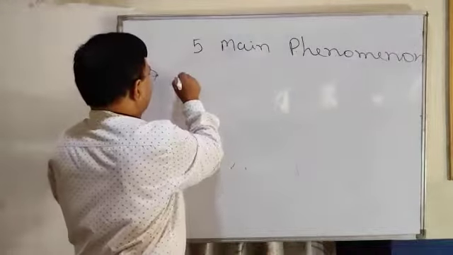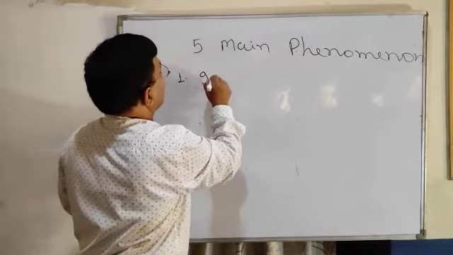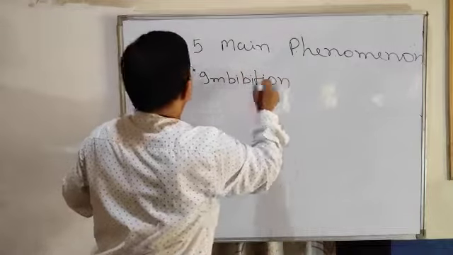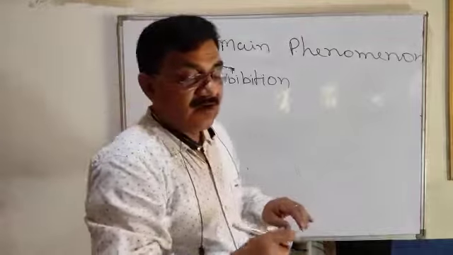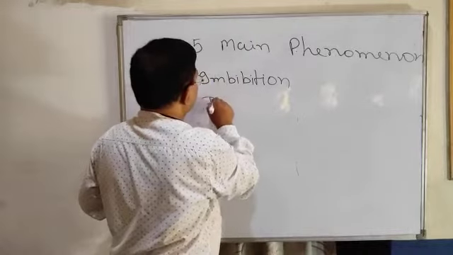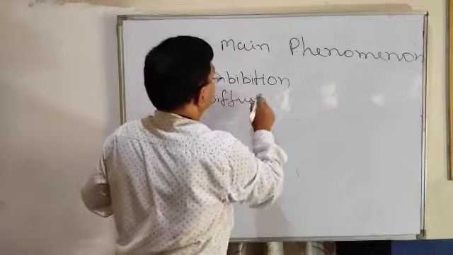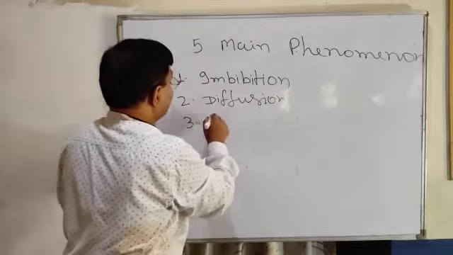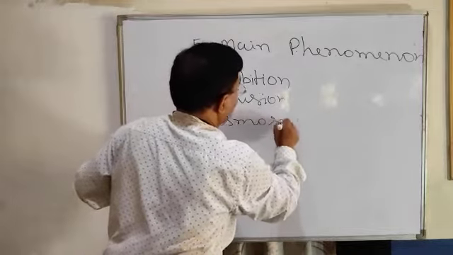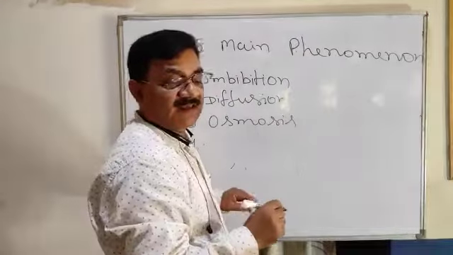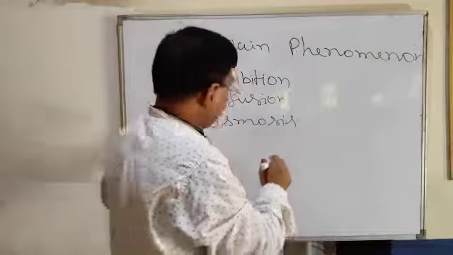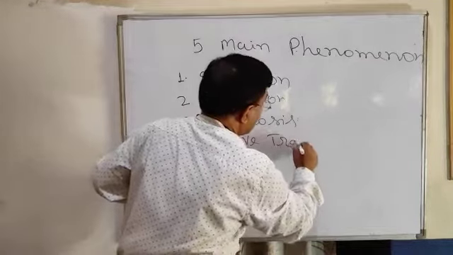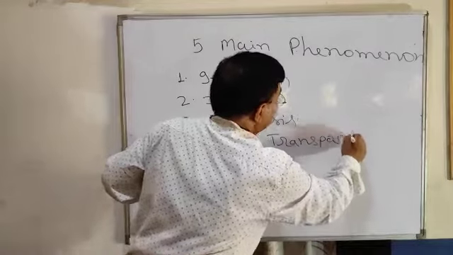First is imbibition. Second, diffusion. Third, osmosis. Fourth is active transport.